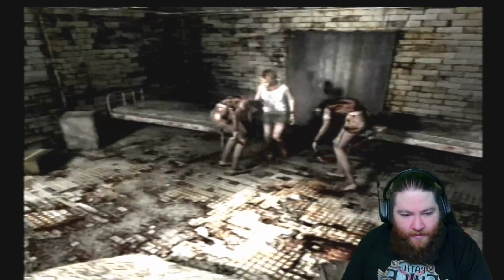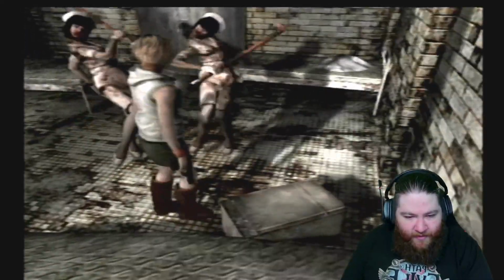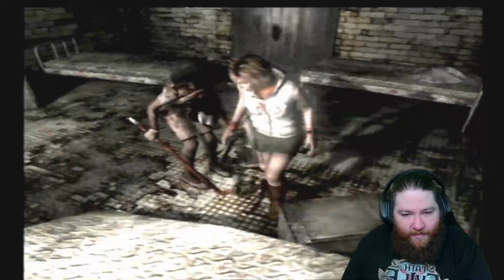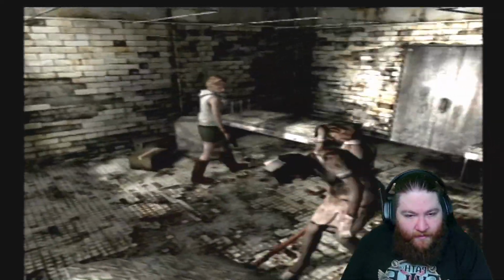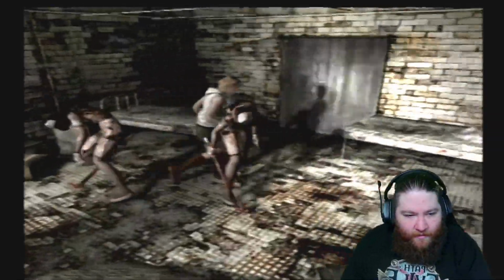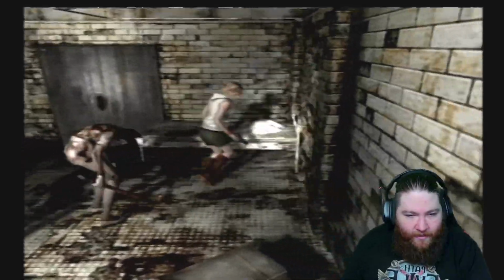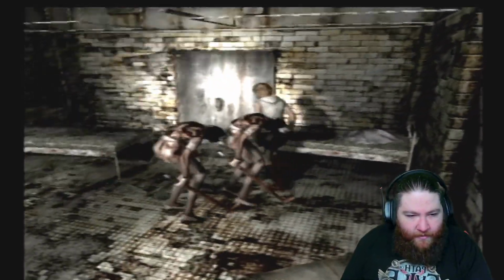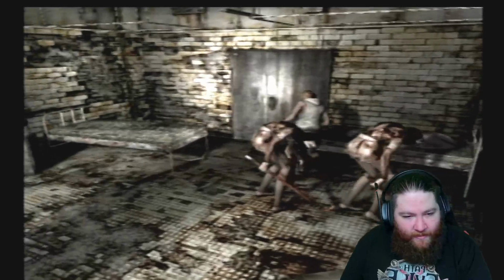Oh god. Combat room. Give me the first aid kit. Ow. My bad. I don't think there's anything else in here. Oh, there's like a lump on the bed. Ow. Don't want to fight you guys. Stop smacking me.